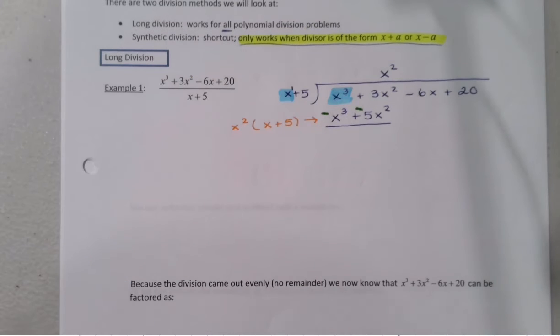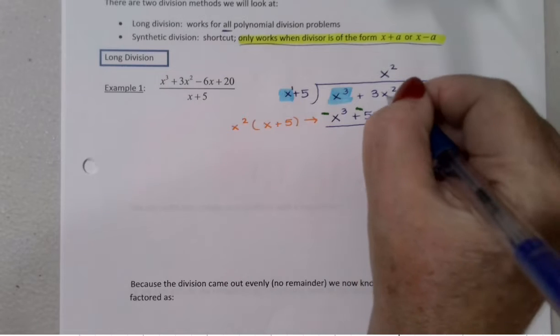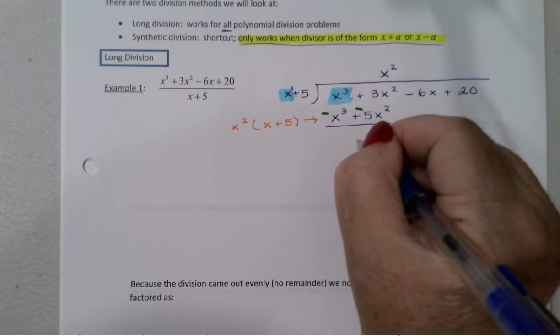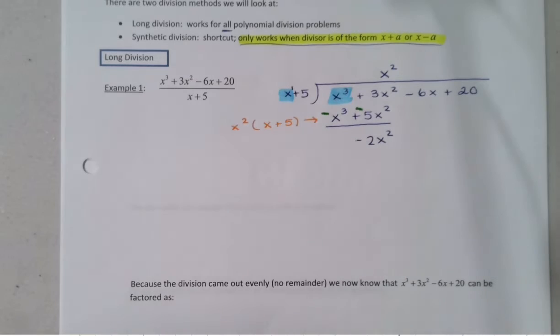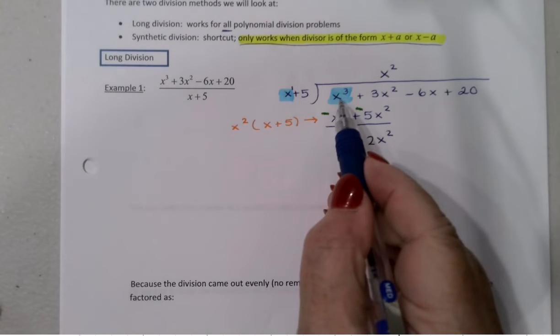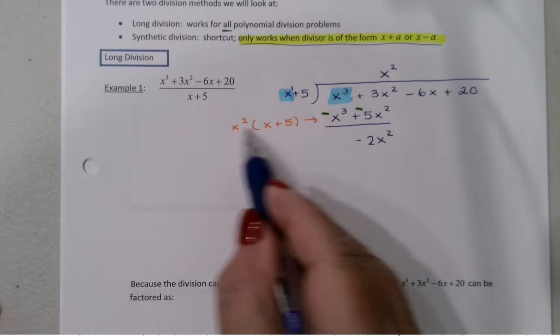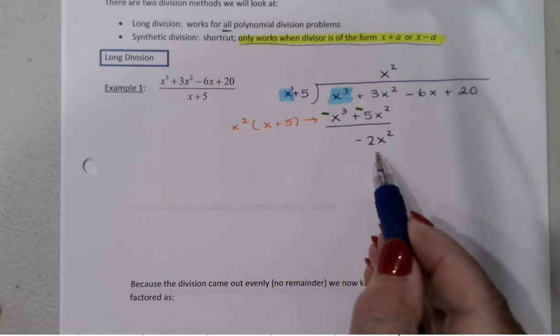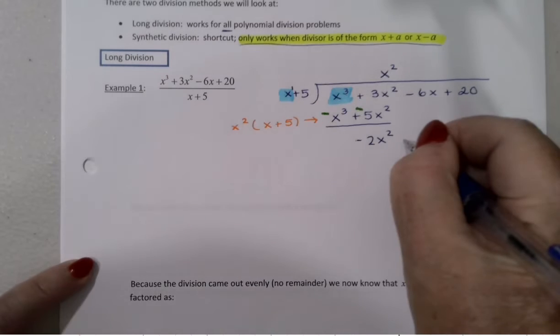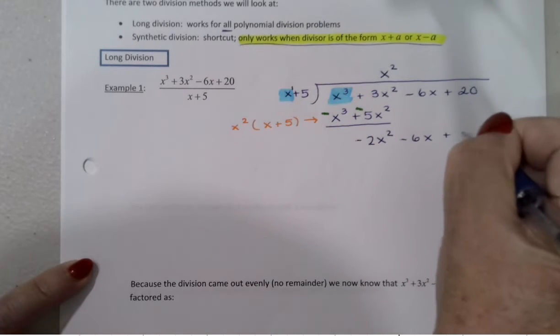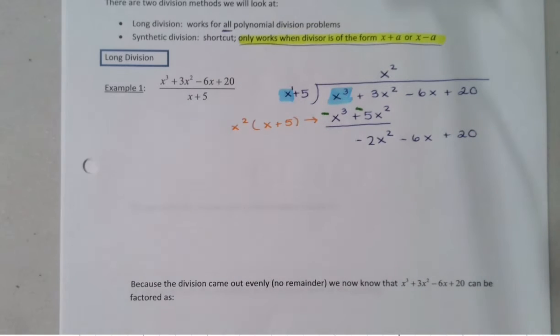X cubed minus x cubed is just 0. 3x squared minus 5x squared would give me negative 2x squared. Now that's one complete division cycle. I'm going to keep repeating that cycle. Divide, multiply, and subtract over and over again until I get to the end of my problem. So let me just bring down the rest of this so we can kind of start over. That's what I've still got.